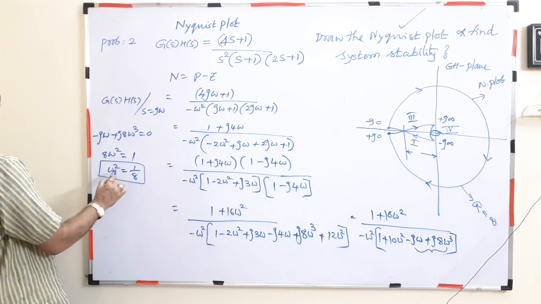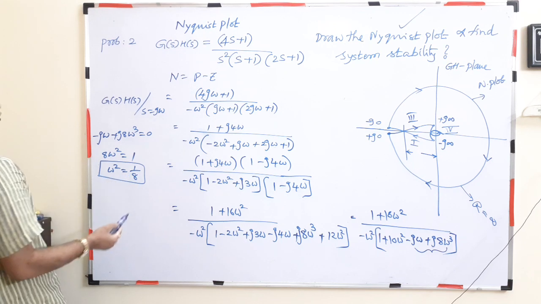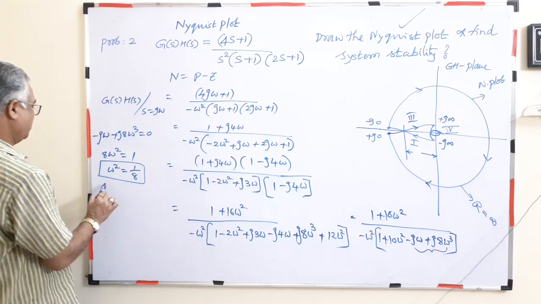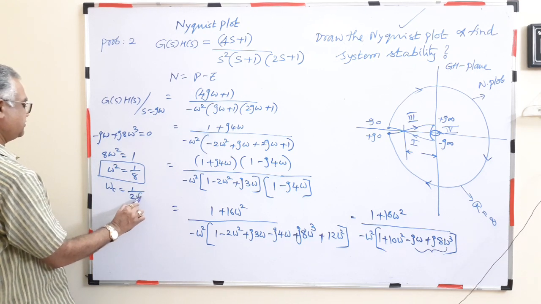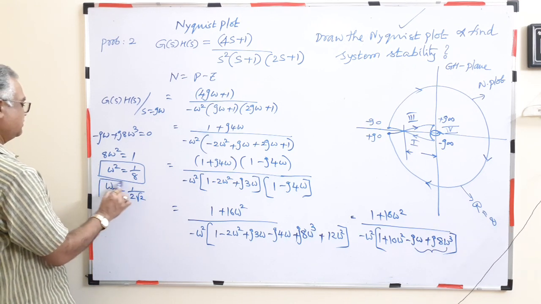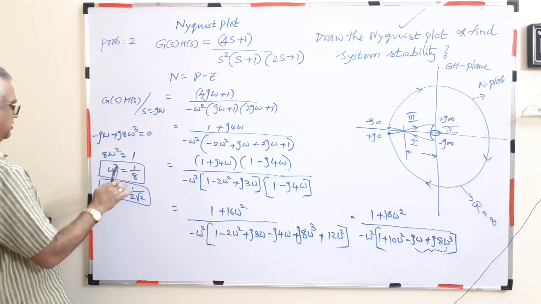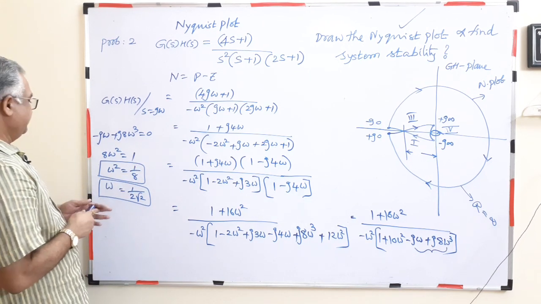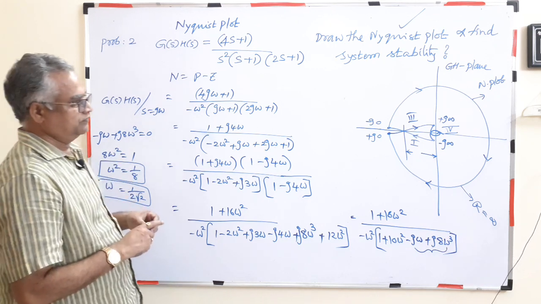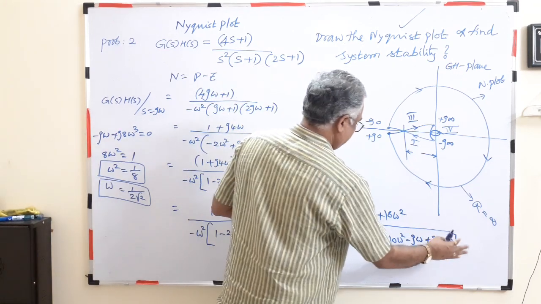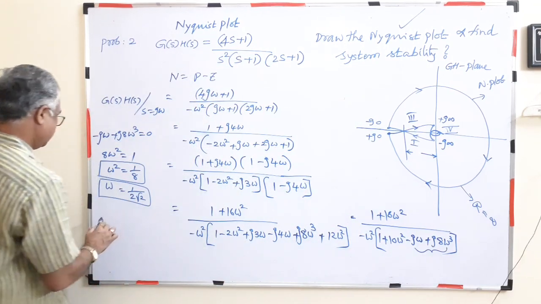At this frequency, omega equal to 1 by 2 root 2, you will get it. I am not using any word like omega c etc.; later I will explain. So when the frequency is 1 by 2 root 2, the j part is 0. When the imaginary part is 0, what is the real value?